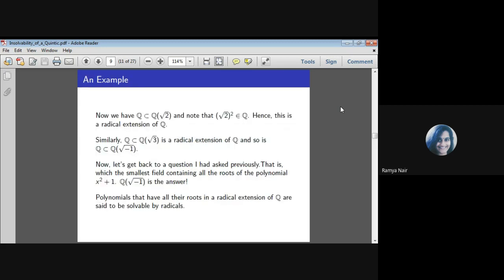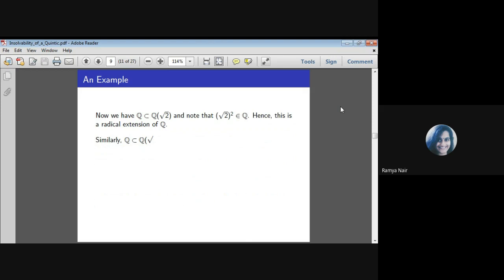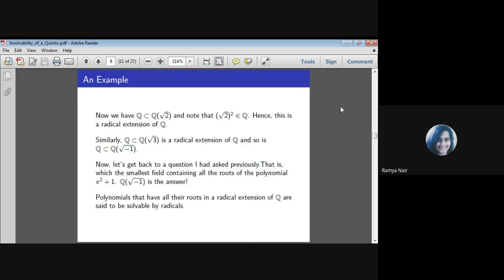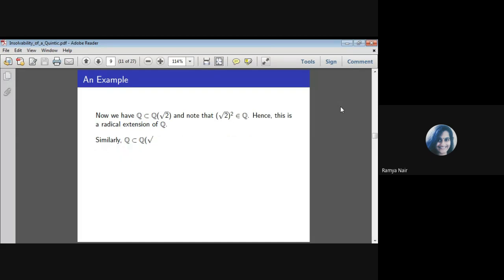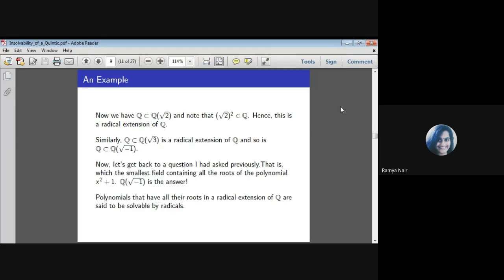So here's an example. You have Q adjoined root 2, the field that we constructed earlier, and Q is a subfield of that, with the property that square root of 2, the whole squared, is an element of the rational numbers.